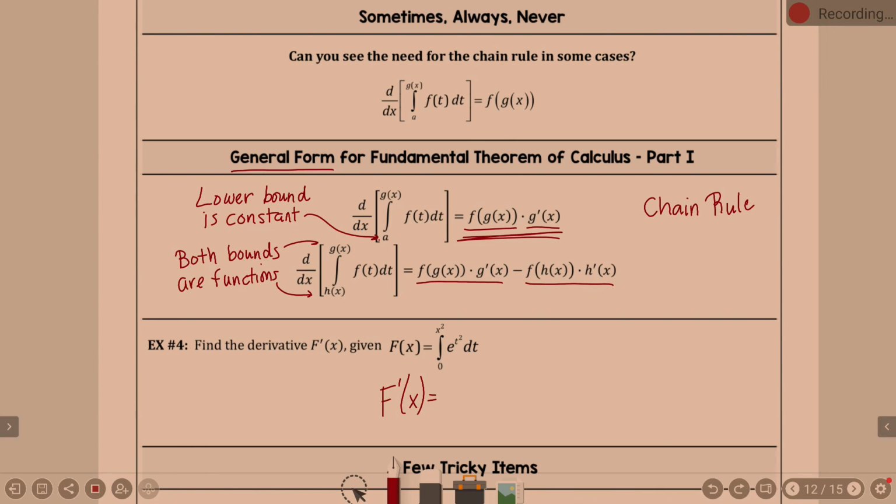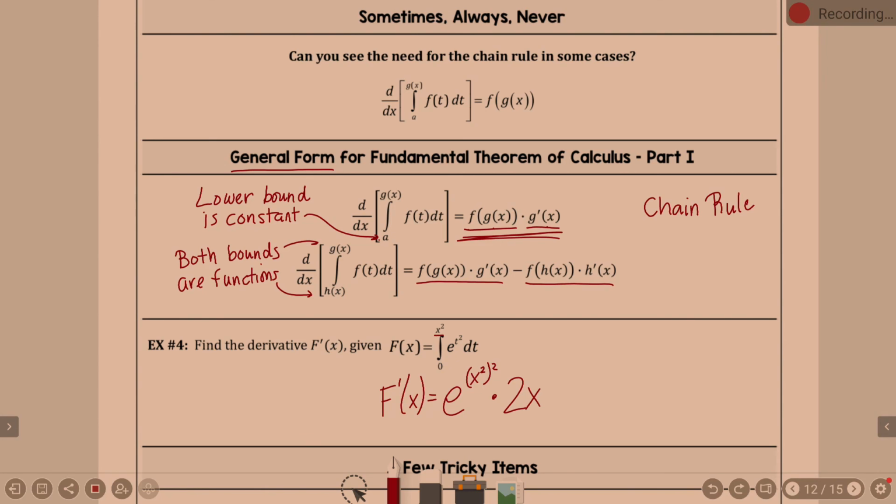So you're taking e of t squared, but what are we plugging in for t? x squared. So it's e to the x squared squared, if you will, because we're plugging x squared in for t. But then that's plugging g of x into f, but then we have to do times the derivative of g of x. So what's the derivative of x squared? 2x.